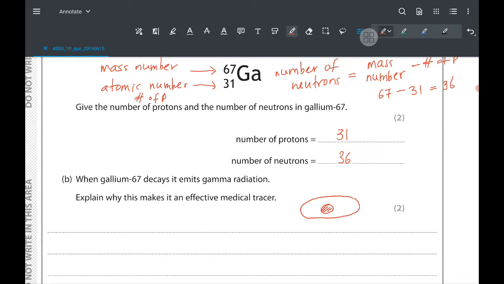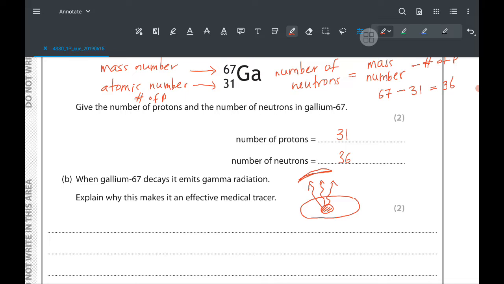When we send this medical tracer, it will go to these cancer cells and it will start emitting this radiation out. Now when it is emitting radiation, we can observe it from outside and detect it, and we can record in this region the cancer or the tumor is located. That is the tracer going inside the body and emitting this radiation.